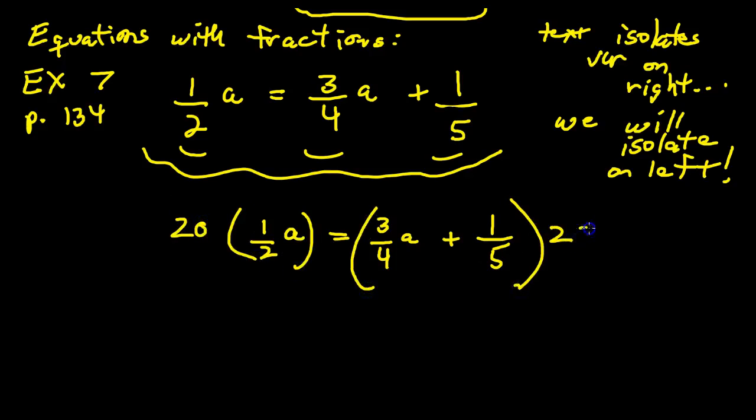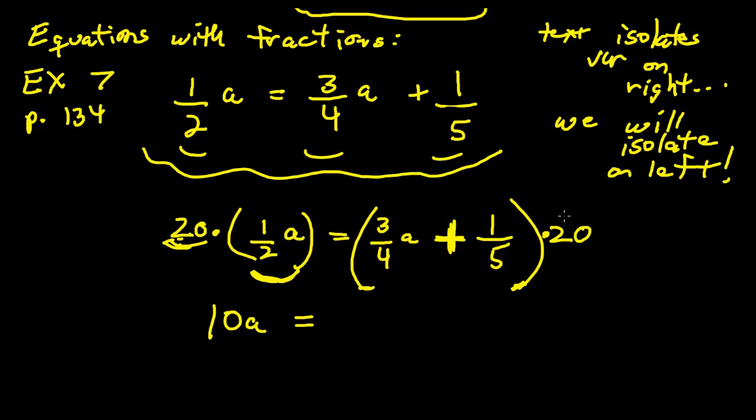Now on the right-hand side, you're multiplying a sum, so you'll have to apply your distributive law, hence I'm wrapping these two terms in parentheses and indicating a multiplication of both terms by 20. On the left-hand side, we've only got one term, so I can just multiply 20 times 1/2 times a. Well, 20 times 1/2 is 10, and 10 times a is 10a.